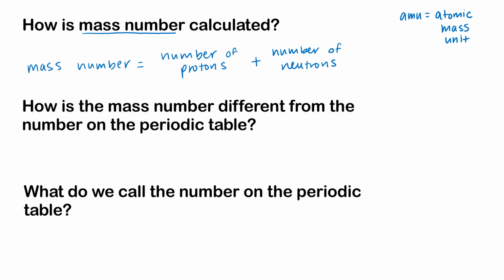Now, how is the mass number different from the number on the periodic table? Well, the mass number has to be rounded to the nearest whole number. So mass numbers are always going to be whole numbers because we can't have part of a proton or part of a neutron, whereas on the periodic table, the number that we see has decimals.